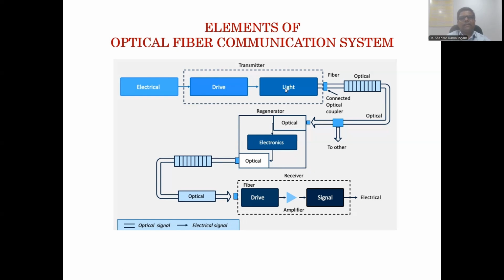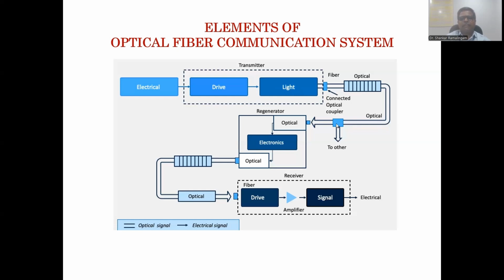This light system is going to give out its output directly to the optical fiber cable, and this light system is going to be coupled to the optical fiber cable through the coupler. So the optical coupler is responsible for coupling our optical fiber cable and the light system part, right?